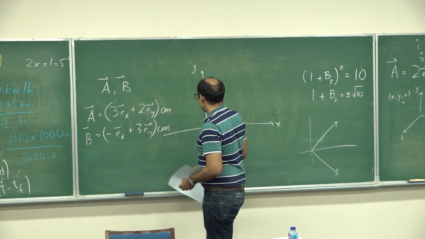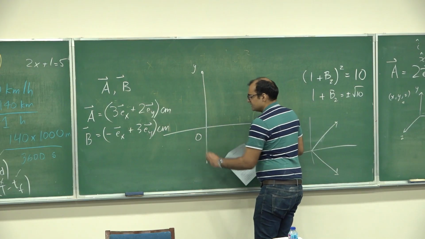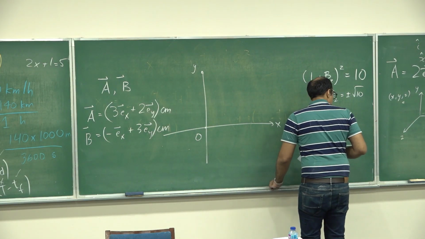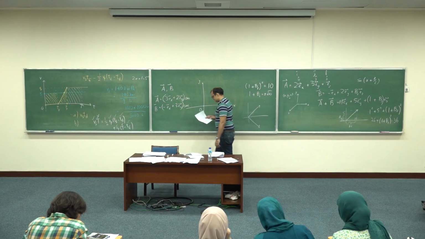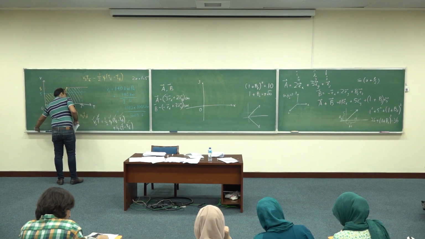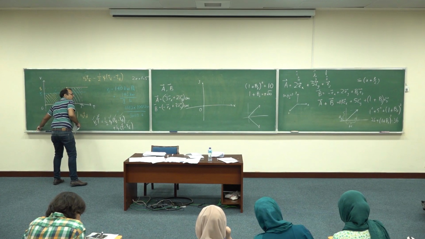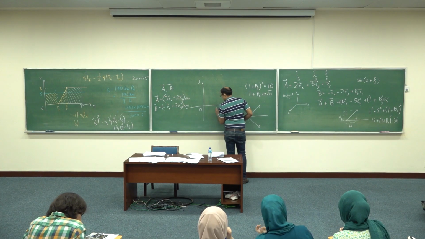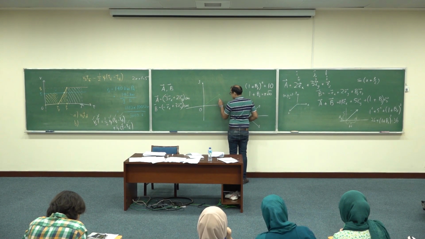Okay, draw a diagram showing these vectors. So there's the origin over here, right? And then you have vector A. You've already written that down, right? So let's draw vector A. There's 3 over here, and you draw something like that.